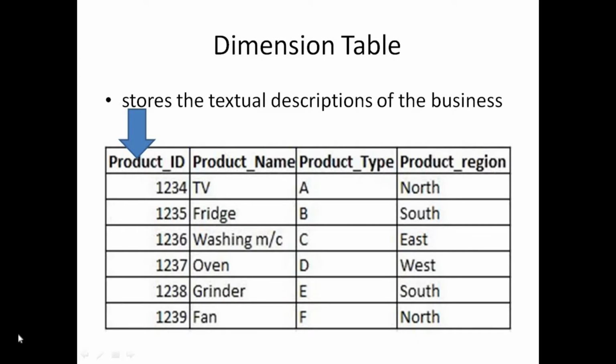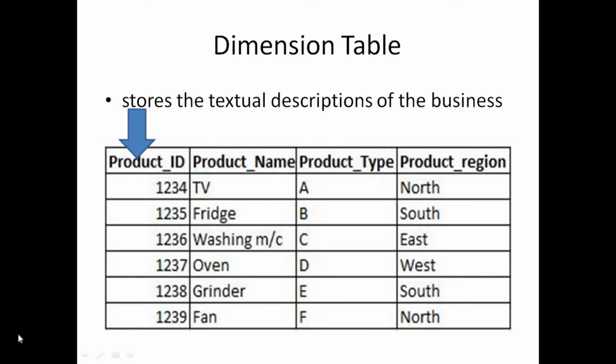representation. The TV has 1 2 3 4, the fridge has 1 2 3 5, and the washing machine has 1 2 3 6, and so on. This product ID is very important, and the product ID plays a major role in this table. Why? Because the product ID is the foreign key of the dimension table. Why is it a foreign key?